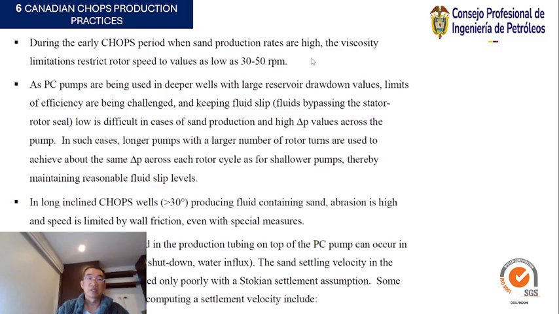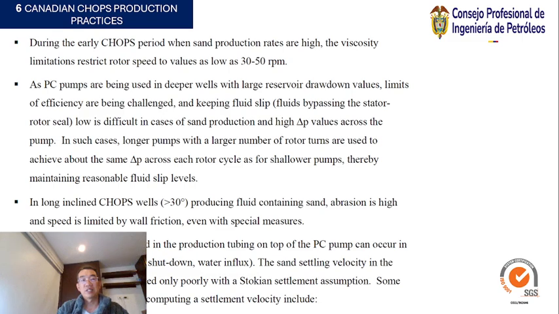During the early CHOPS period, when sand production rates are high, the viscosity limitations restrict rotor speed to values as low as 30 to 50 rpm, and PC pumps are being used in deeper wells with large reservoir drawdown values.